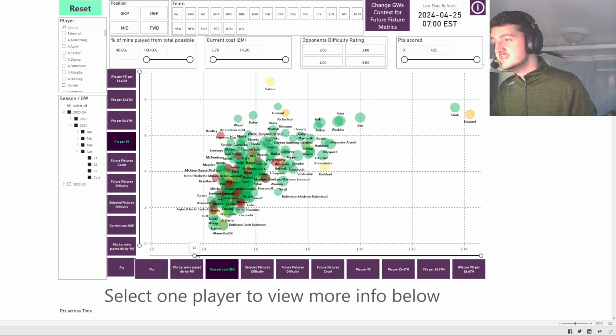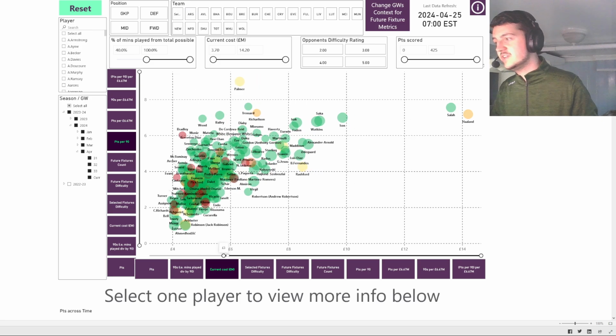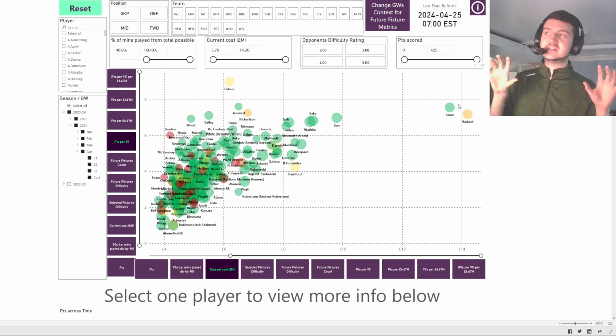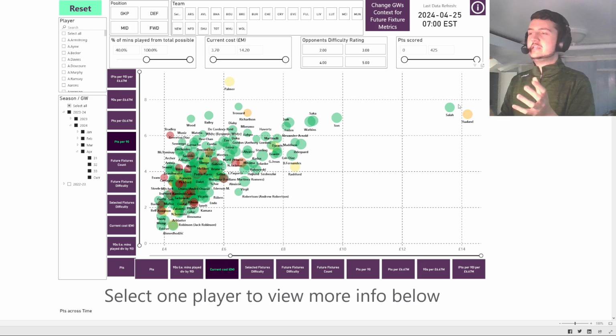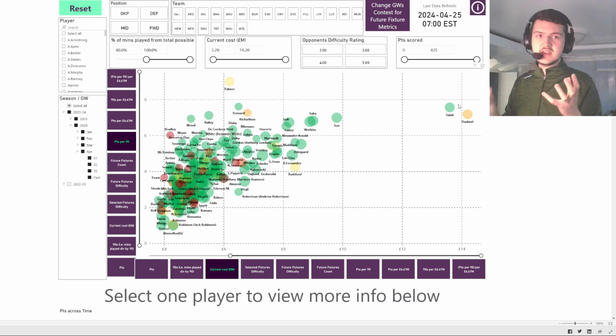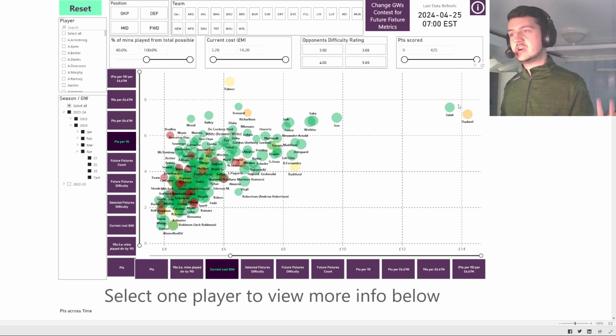But if I do this, now the chart's a bit more deceiving, right? It's putting Salah and Haaland even more on an island, and you're thinking, oh, look at all these players, and then you've got Salah and Haaland. So it's just about what your eyes see and perceive when you look at the chart, right?